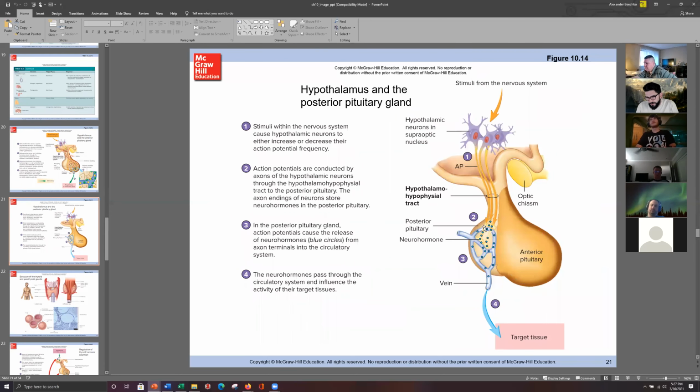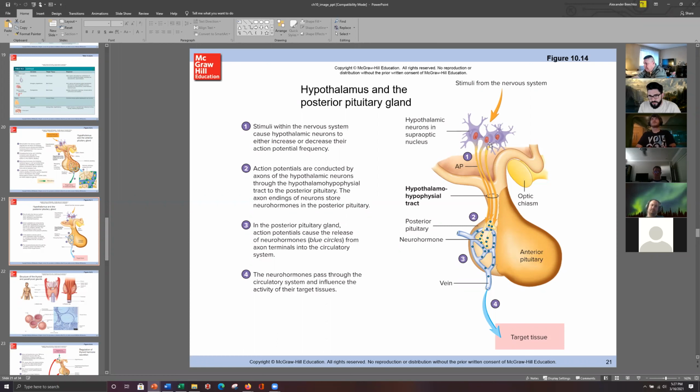Whereas with the posterior pituitary gland, again, it's a little bit of a different story. The neurons within the hypothalamus are the ones that produce the hormones, vasopressin, also called ADH, and oxytocin, both manufactured in these neurons. So they send them down the axons here.